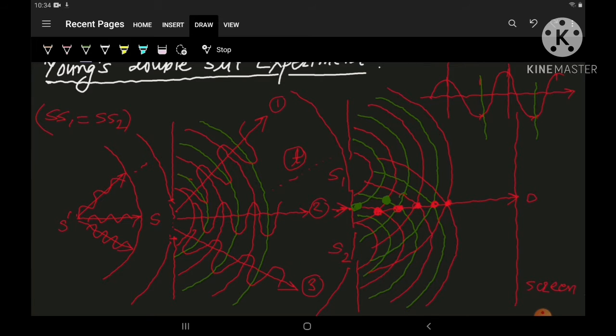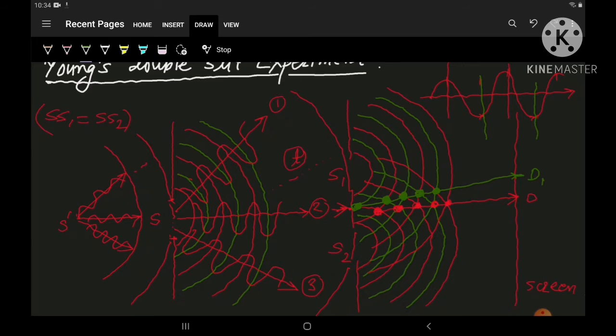Again the next point, the green of S1 and the red of S2. Again the next point, the red of S1 and the green of S2. And similarly, in this way we have the points corresponding to opposite phase interference. That's why the light moving along these points will produce the minimum intensity on the screen. Means here we will find a dark fringe, suppose D1.